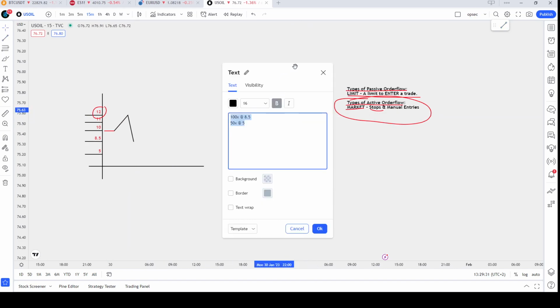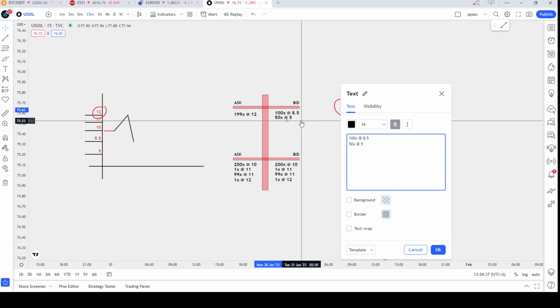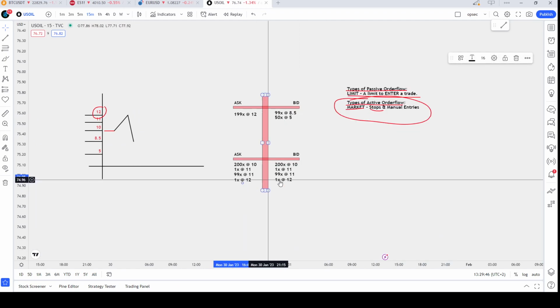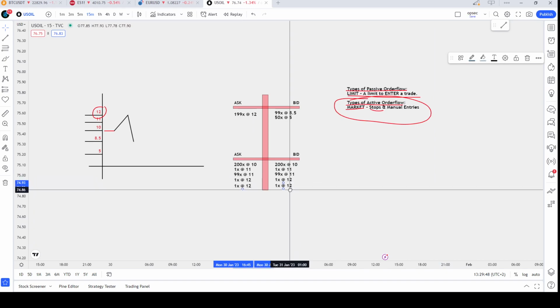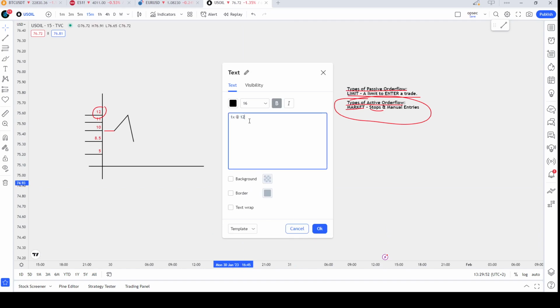Because there is no resistance between 12 and 8.5. There is a hole in the books. There is no liquidity in the books between 12 and 8.5. So what happens? This turns into 99. And then boom, boom, we have a new trade in the active order flow, which is 1x at 8.5. And now this is our current last traded price.